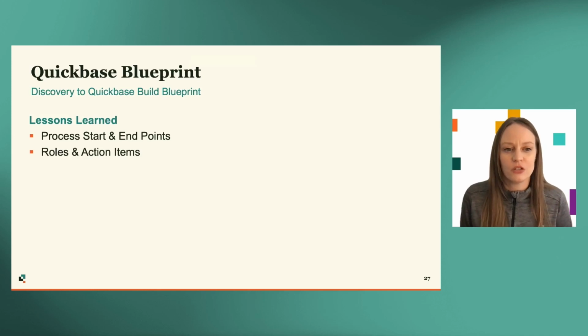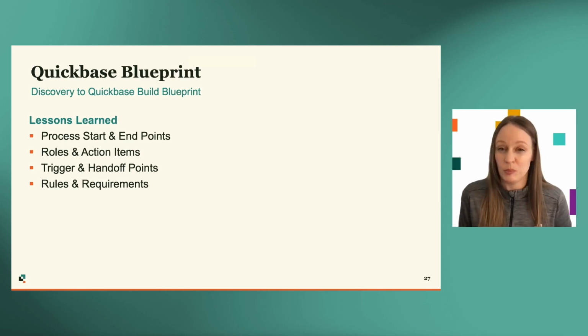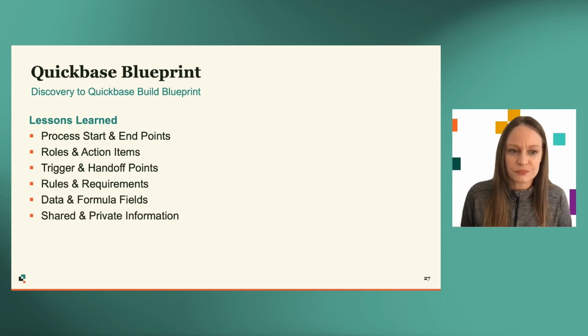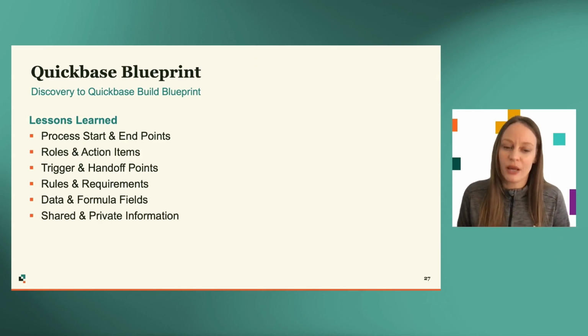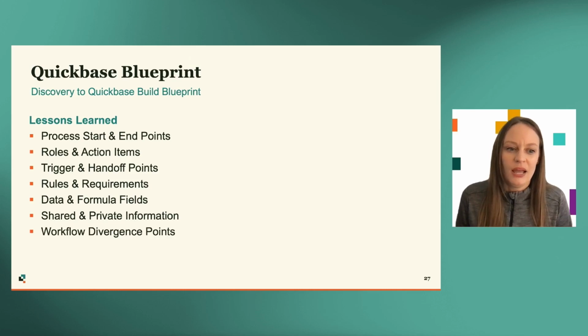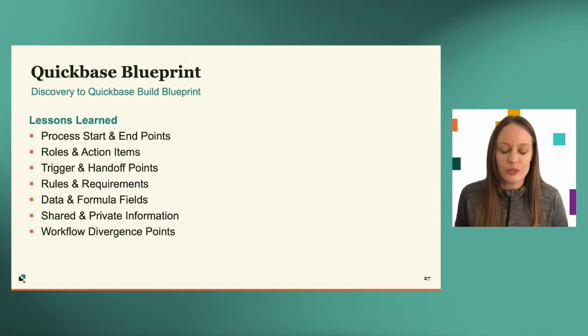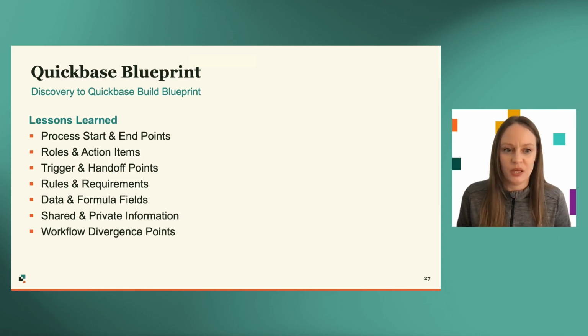You're going to understand the roles and action items of those role users, the trigger and handoff points that happen throughout the process, the rules and requirements that govern the data and the people that are involved, your data and formula fields, shared and private information, and any workflow divergence points, like we were saying, project A versus project B. What are the changes there, and what are the requirements for those different types of the workflow? And finally, your outputs and reporting.